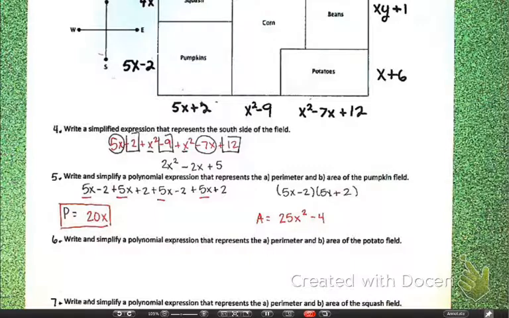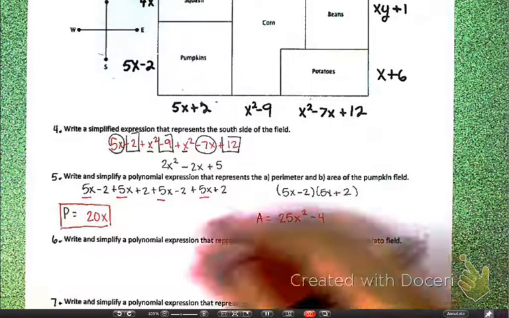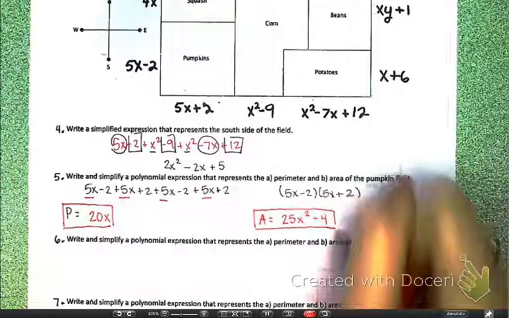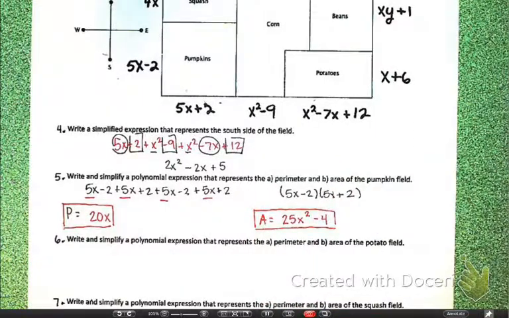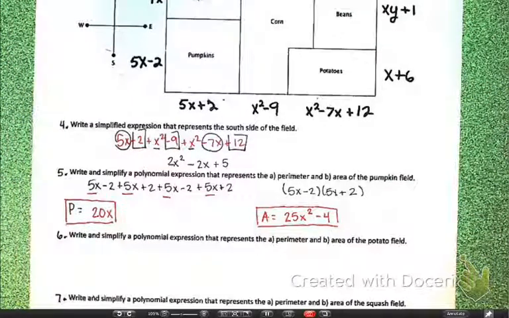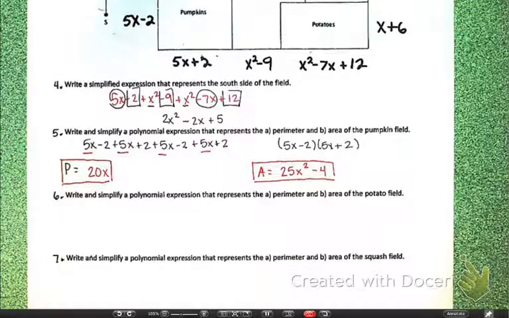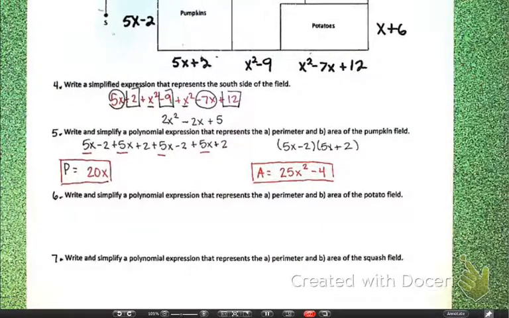Did you? Yeah, that middle term cancels out. Okay. So number 6 is exactly the same, except you're looking at the potato field. So I want you to write an expression for the perimeter and the area of the potato field. So you do it with your group, but see if you can do the potato field.